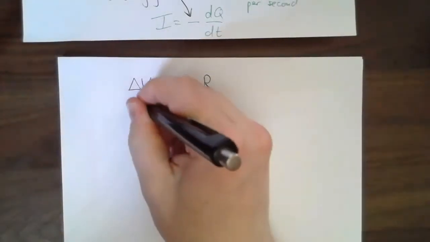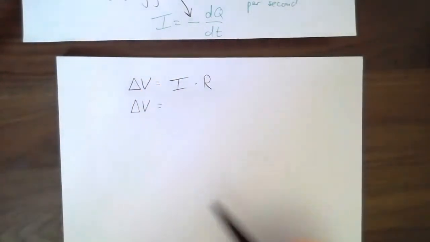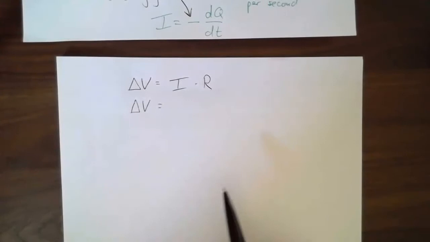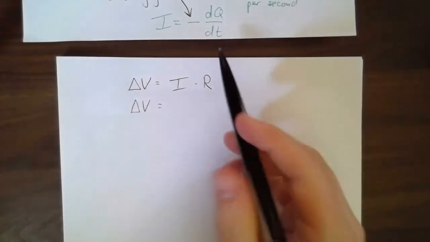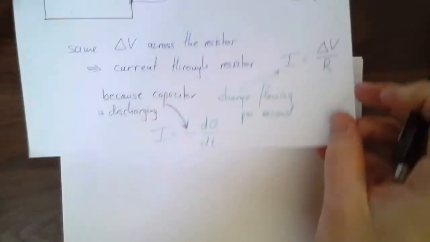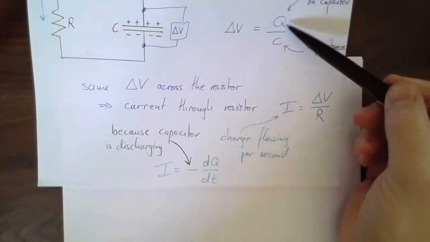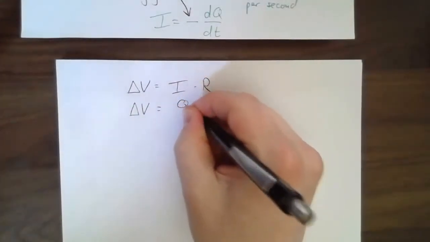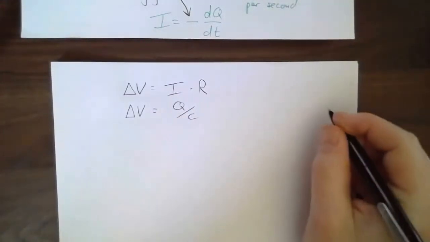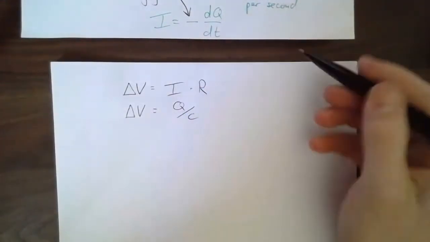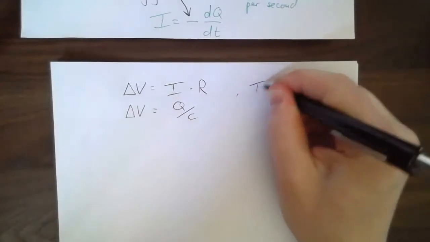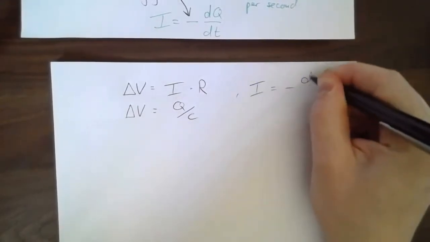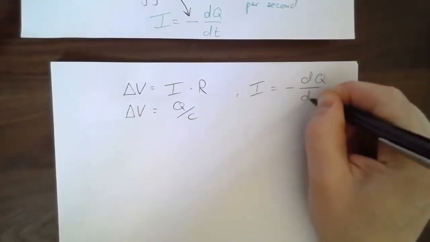The delta V across the capacitor is the same delta V. Must be. We had it up here, Q over C, the charge over the capacitance. But we also had that I itself is minus the rate of change of charge with time.